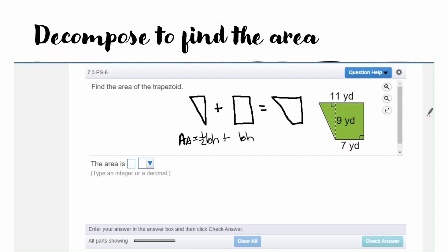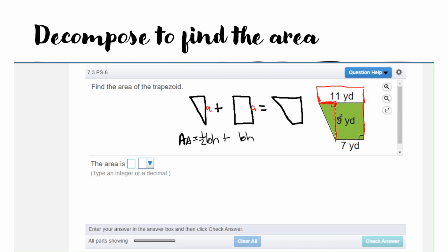So if I look at this, I have my triangle that runs from here. This total length right here, from here to here, is 11. So I know that the base of my triangle is definitely not going to be 11. What I do know is that the height for both of these is going to be 9, because they both run from here to here, which is 9. But my length is not going to be 11 for my triangle.